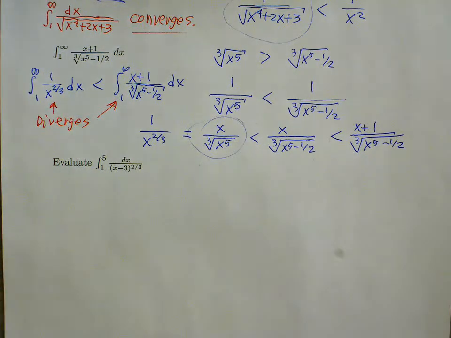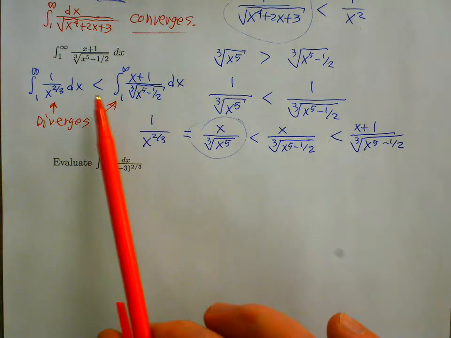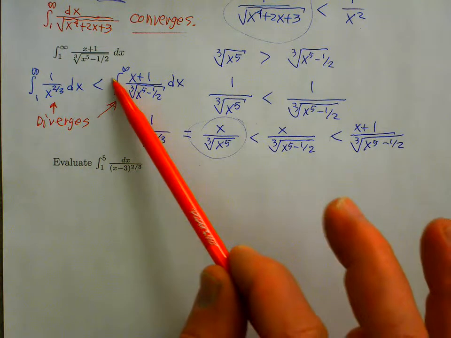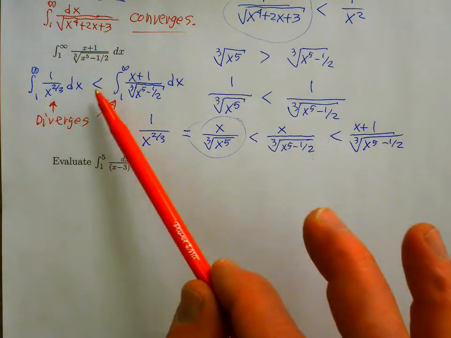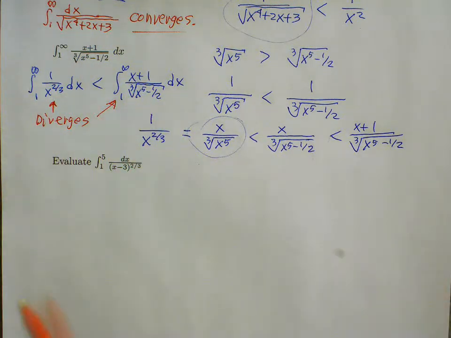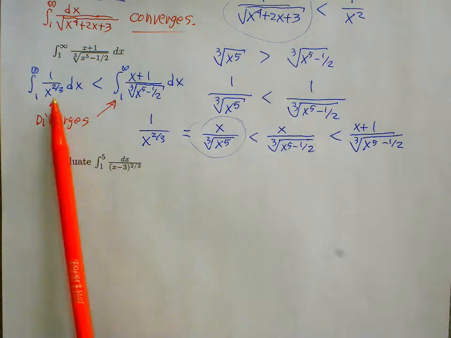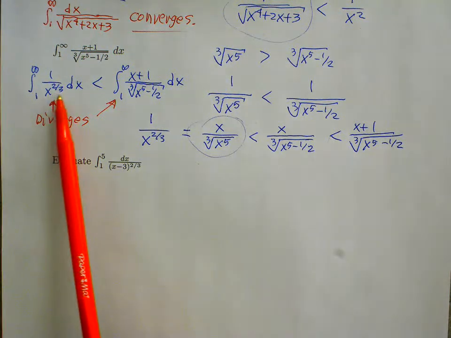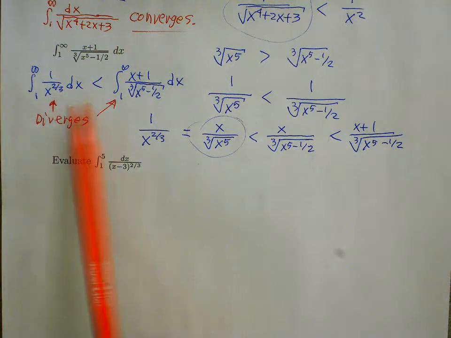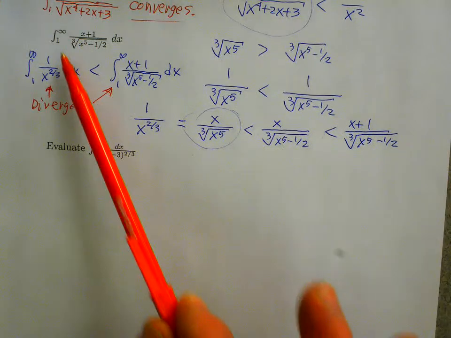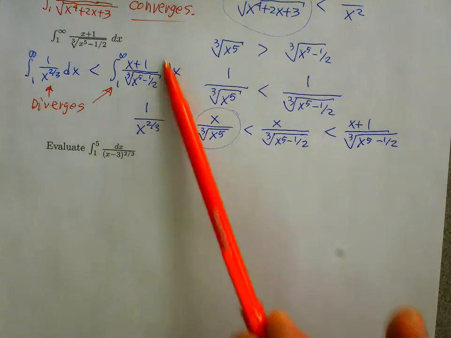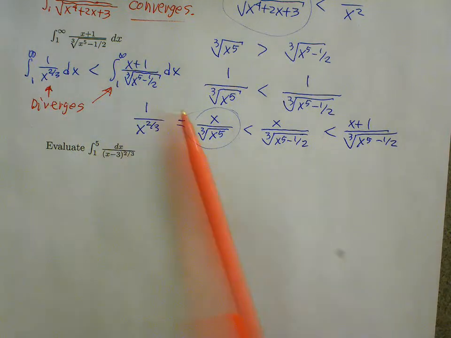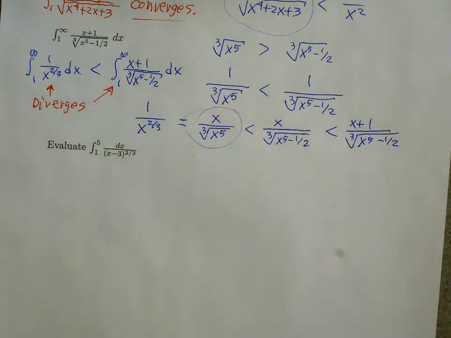When infinity is involved, it's not proper to write that this infinity is less than that infinity, but by the comparison test, since this one does not converge to a finite number, and for every finite value x, 1 over x to the 2/3 is less than this finite number, this improper integral must also diverge by the comparison test.